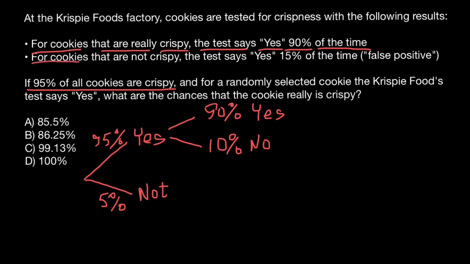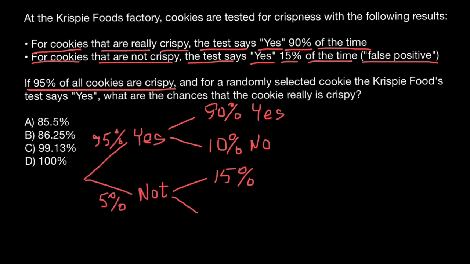Next, for the cookies that are not crispy, so belong to this category, the test says yes 15% of the time. So this is false positive. Again, they fall into two categories. 15% of the time, these cookies are not crispy, but the test says they are crispy.